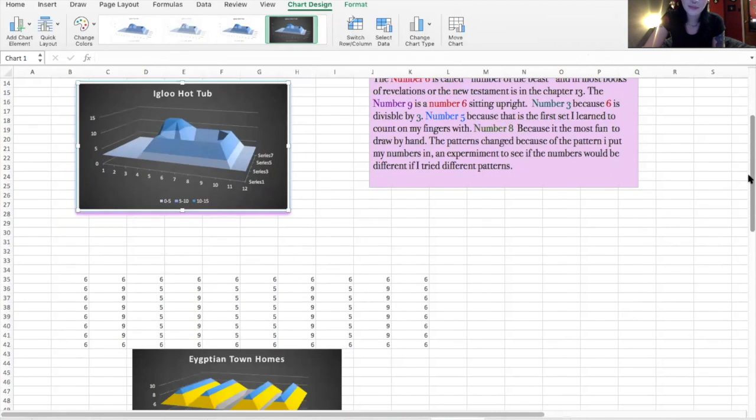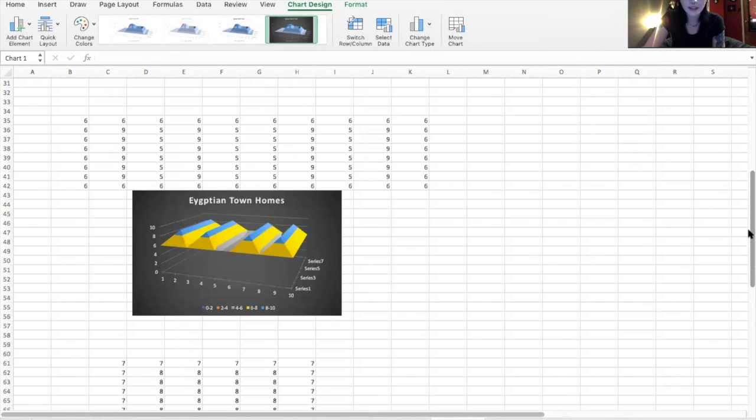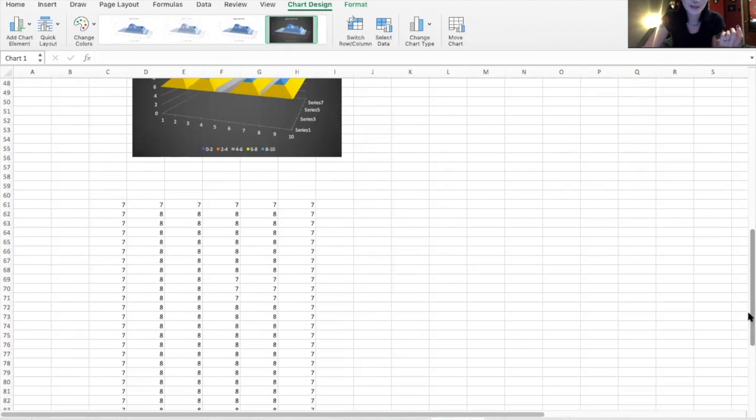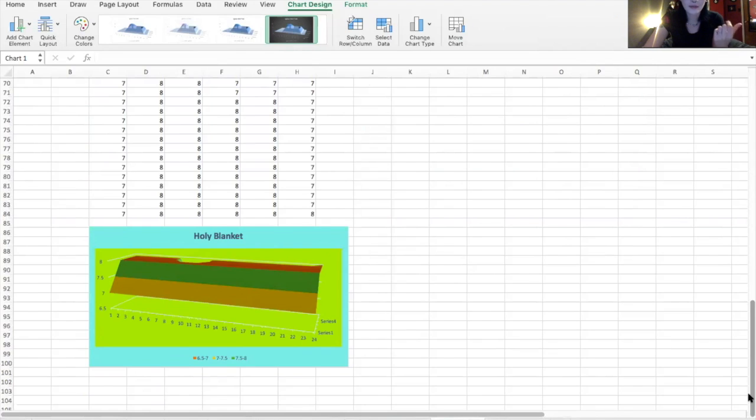And as I scroll down, I call these ones the Egyptian townhomes because they look like the pyramids. This little beige part right here just reminded me of the Nile, I guess. The color scheme just ended up on its own too, so I thought it was pretty awesome. And then I call this one the holy blanket because it looks like a blanket somebody would lay a throw over a couch, but there's a big hole right there.